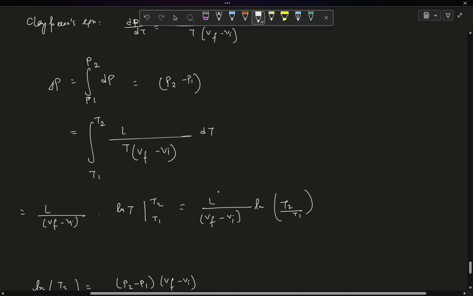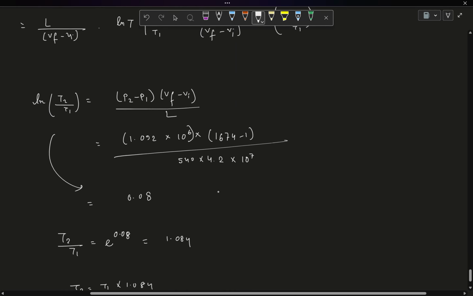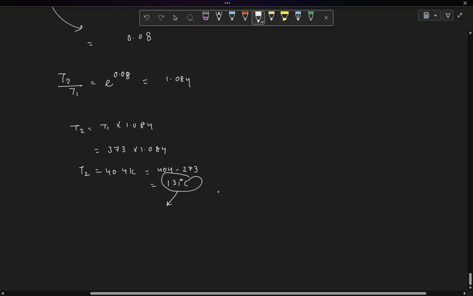The final temperature is your boiling point temperature, because as long as the temperature is changing, the phase is not changing. When the water's temperature keeps rising and finally reaches T2, which is 131 degree centigrade in this case, it has reached the temperature when it will get converted into vapor.